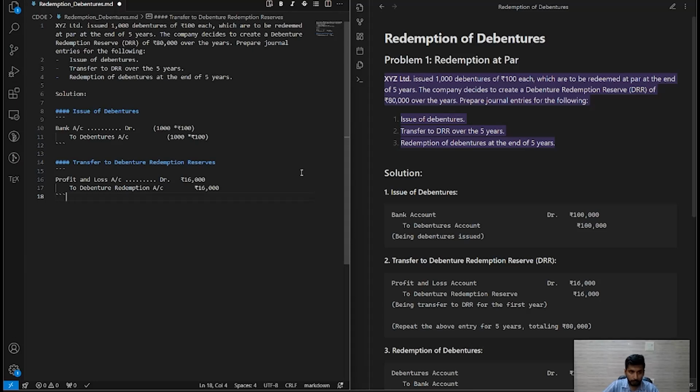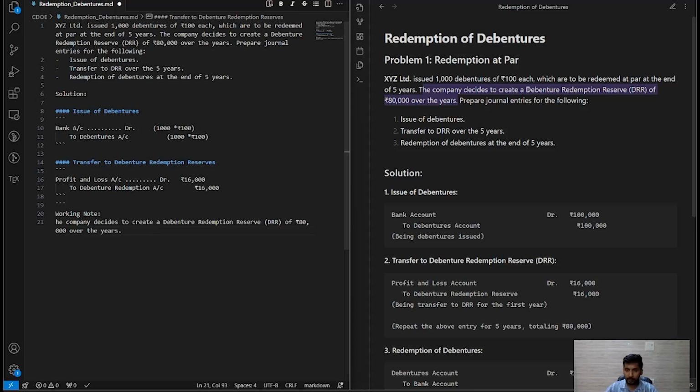Now let us make the working note of this. It is said in the question that the company decides to create the debenture redemption reserve of rupees 80,000 over the years. Over how many years? They have to transfer the amount over the 5 years.